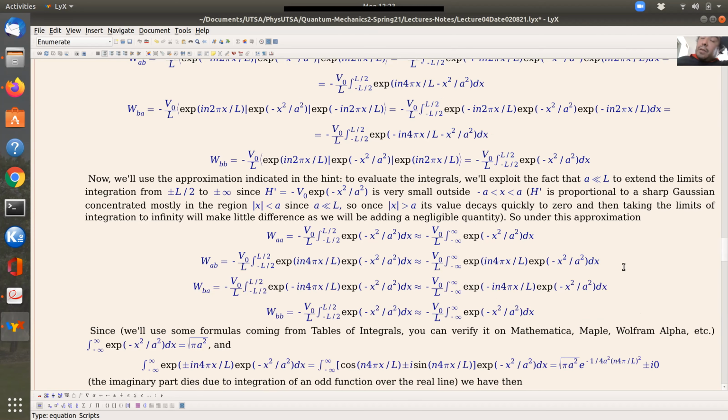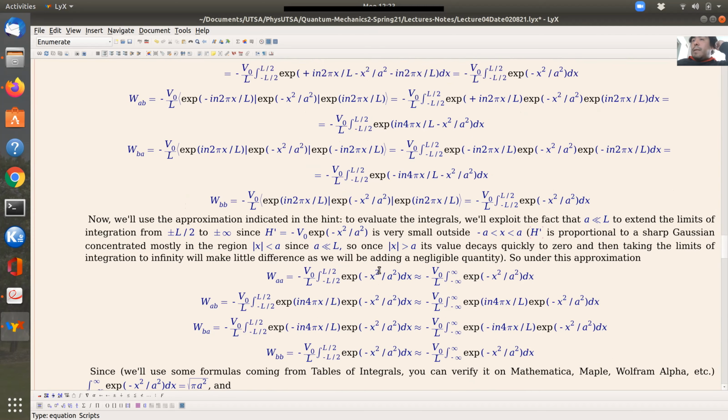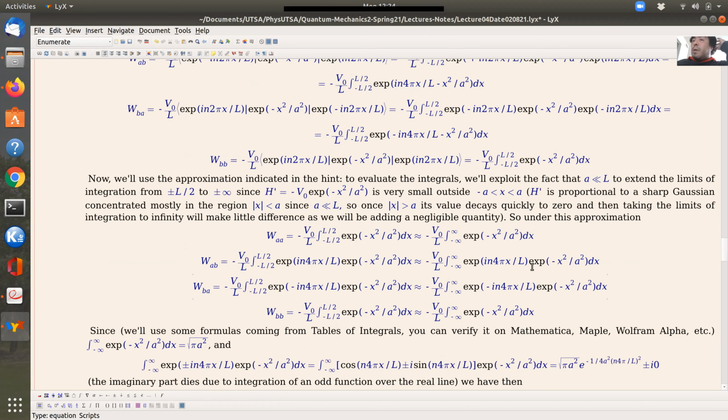So under this approximation, let's do it. This is the exact value. The approximate value just changes the limits of integration, and this becomes more recognizable. This is basically proportional to the integral of a Gaussian. This is a Gaussian multiplied by a complex exponential, so you might have to think of decomposing this into sines and cosines, and likewise here you have the Gaussian.